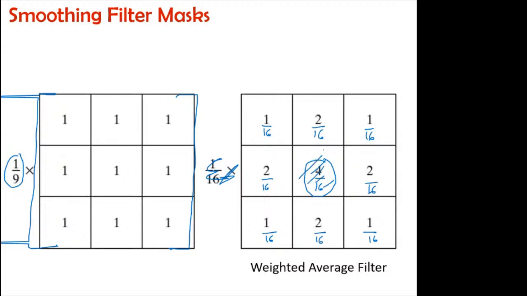Naturally the image intensity at the center place will get more boost. That comes by experience, which mask to use and which one not to use. But this is a mask which again does a sort of averaging. So it will be 1/16 into A plus 2/16.